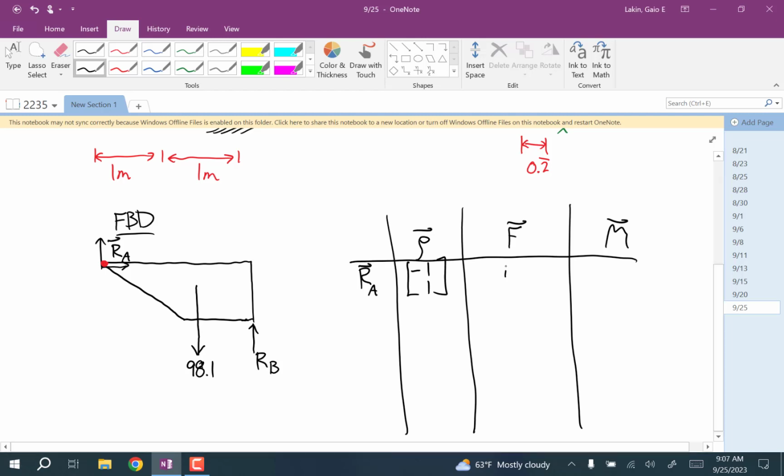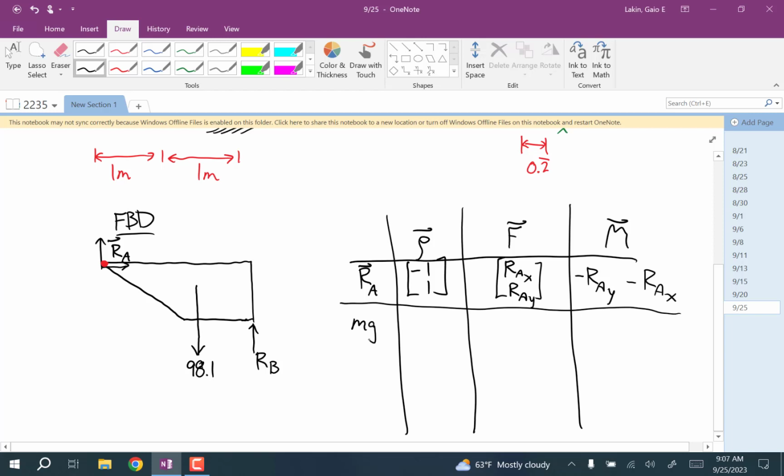Force vector is RAX, RAY. And so the cross product is -RAY minus RAX. And then the weight force.